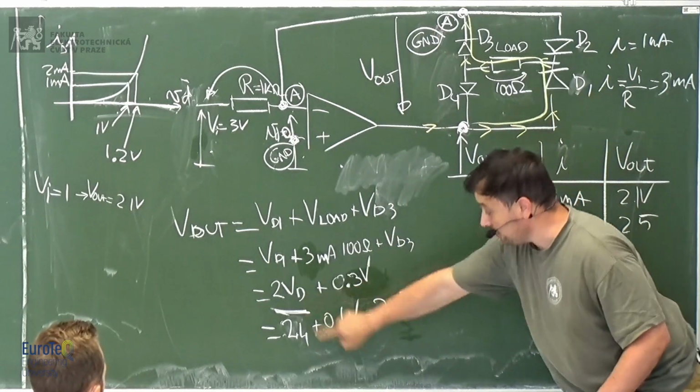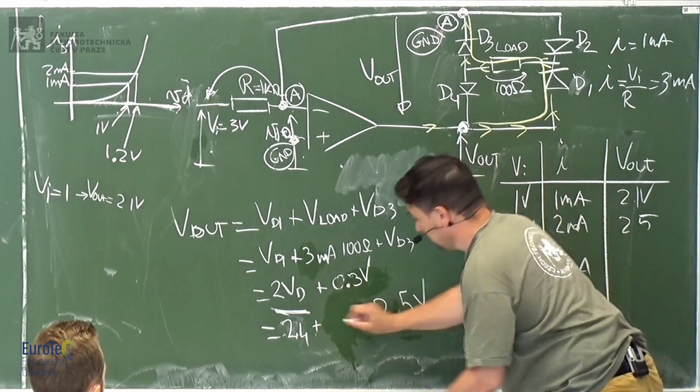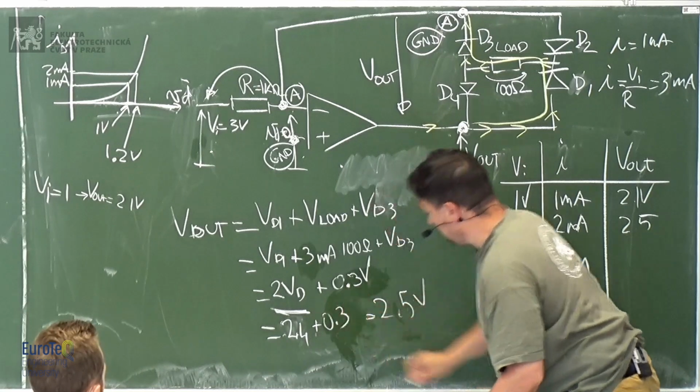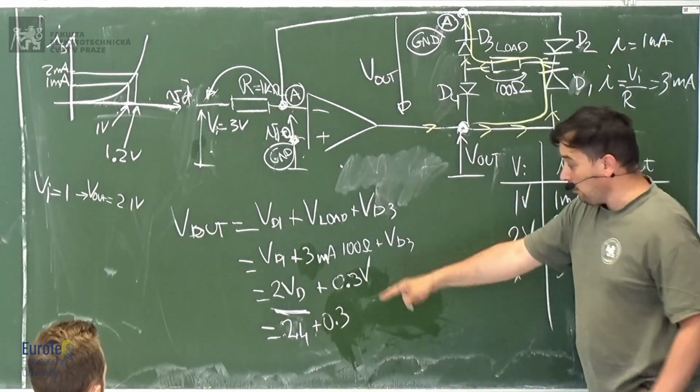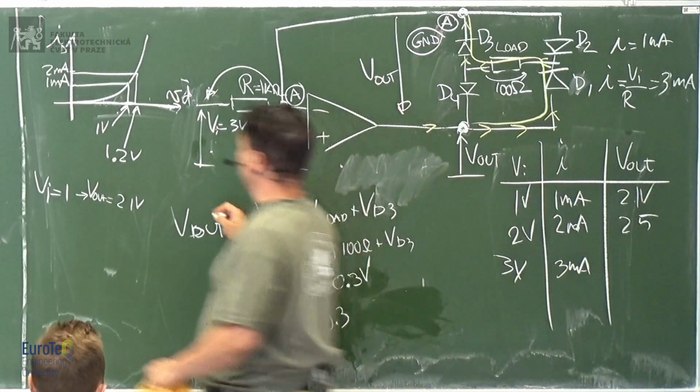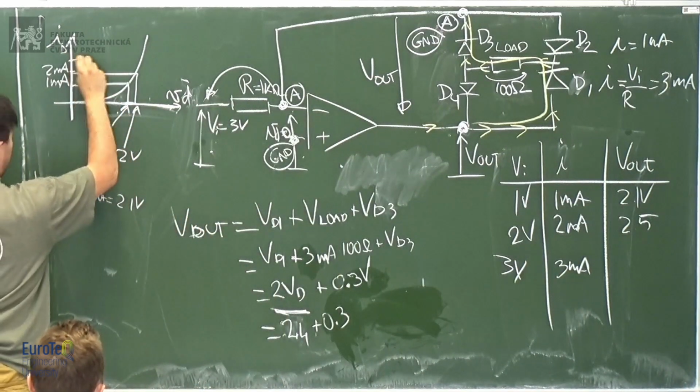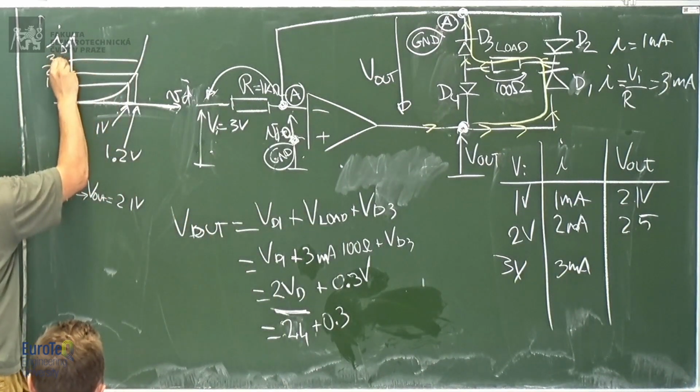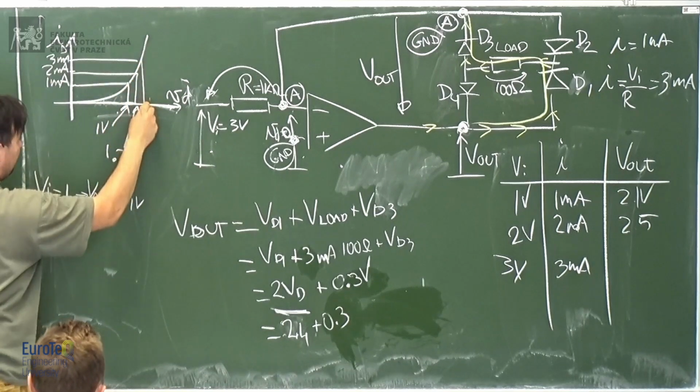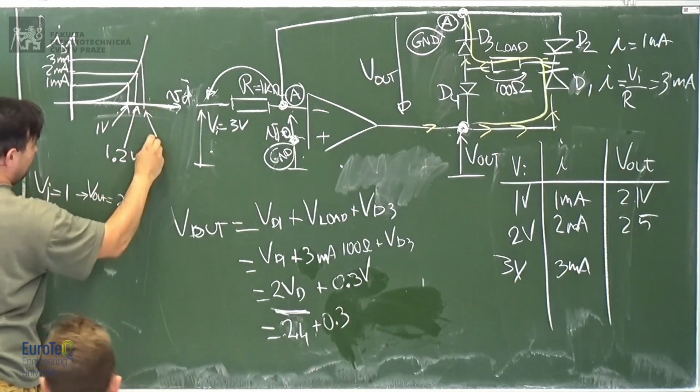But then we need the voltage on the diode for 3 milliamps. Let's say it's 1.4.